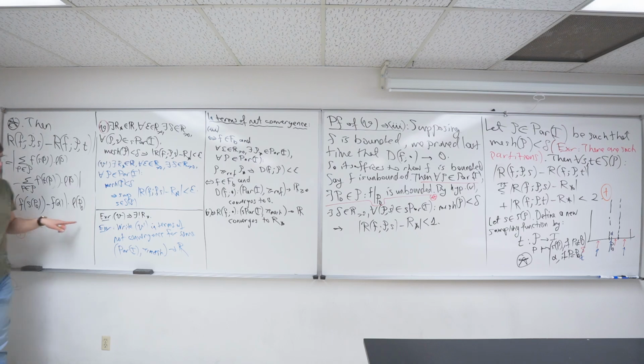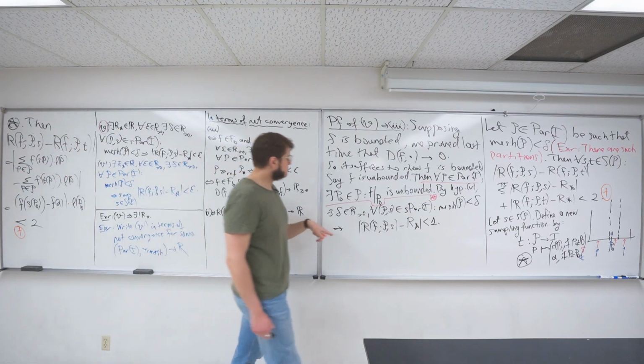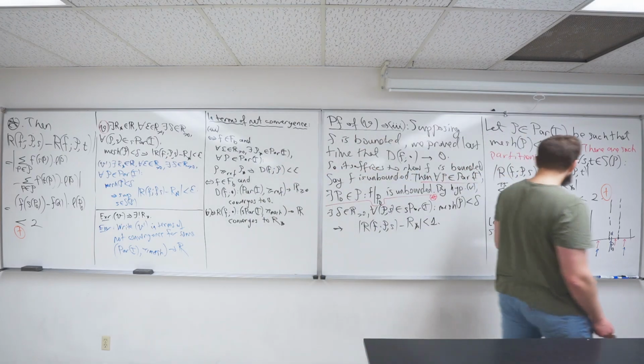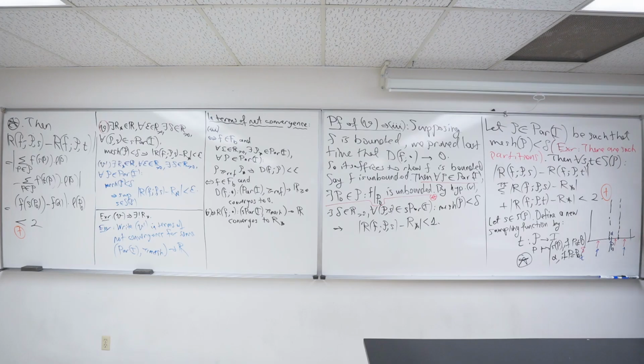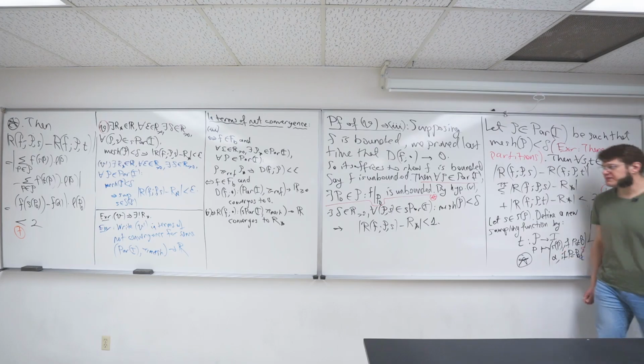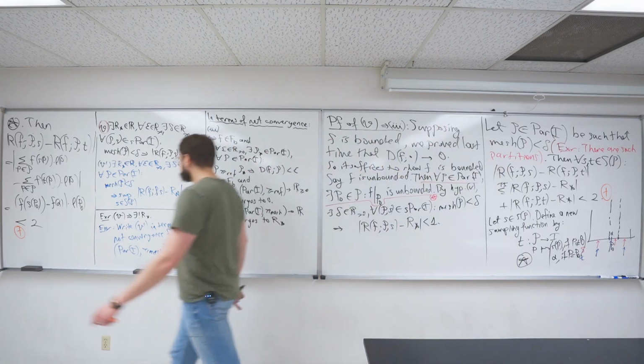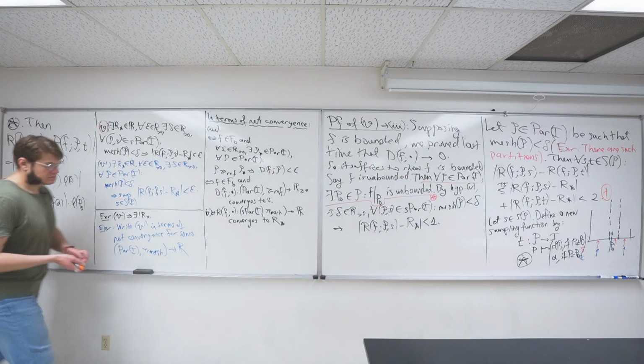Now, since I'm assuming that f is unbounded on P0, well, P0 has to have positive length, which means alpha could be distinct from S of P. In any event, this length is positive.